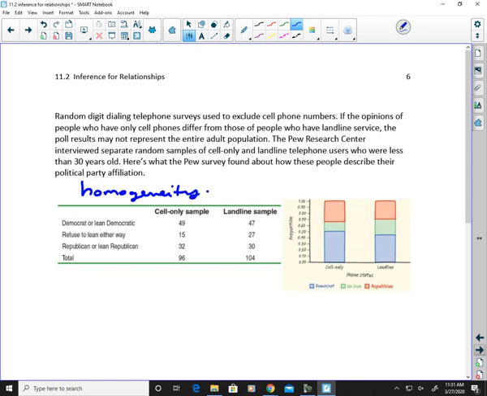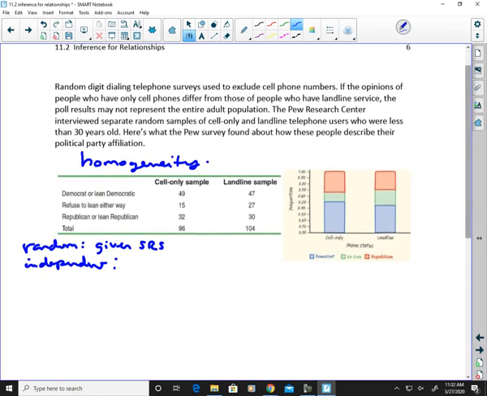And we want to know, is it random? It was given that it was an SRS. Is it independent? Since we have finite people, I think in the store we probably could have made the case that it wasn't finite, but here we definitely have a finite number of people out there in the world.